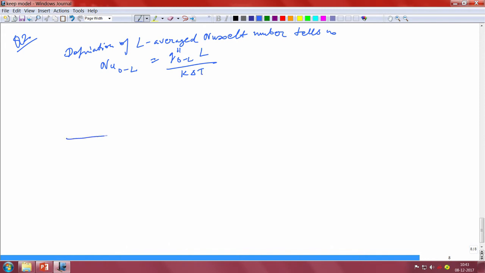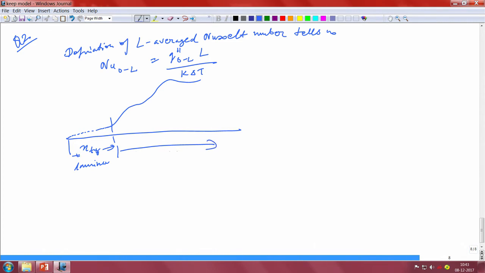If you look at the problem now, up to this point is basically the x transition. This part is your laminar, and beyond this it is basically turbulent.